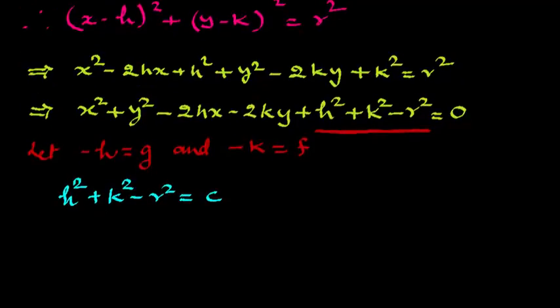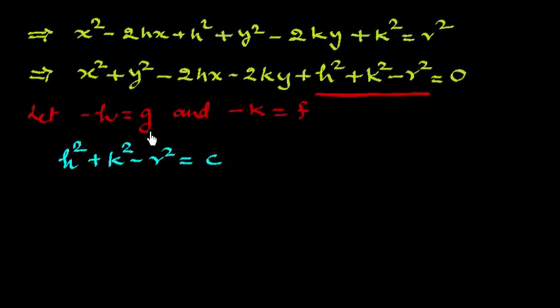Now instead of h, if I put minus g, then minus g square is also g square, which is positive. So we can write g square. Instead of k, we put minus f, so it is f square. And c I am transferring to the left side, so it is minus c, and the r square I am transferring to the right side, so it is r square. So we get it this way.